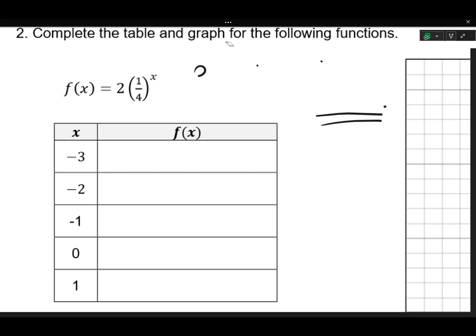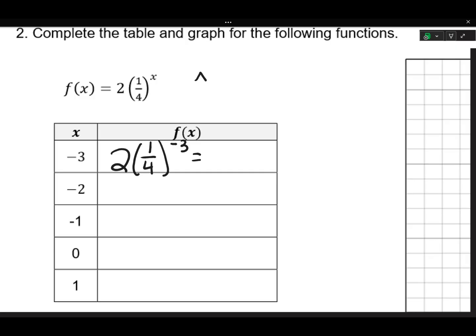Right. Here we go. Just as a reminder, the way we get an exponent is by pressing this little caret button on our calculator. So, let's fill in the table. I'm going to use the function that I'm given, and I'm going to replace x every time. So I got 2 times 1/4 to the power of -3.